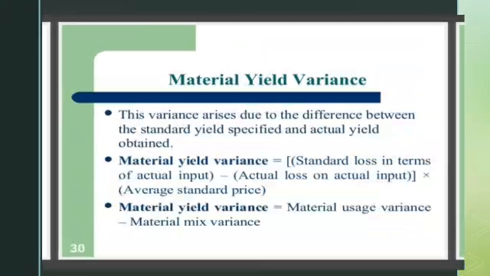Material yield variance can be calculated as material usage variance minus material mix variance. Material yield variance is equal to (standard loss in terms of actual input minus actual loss on actual input) into average standard price.